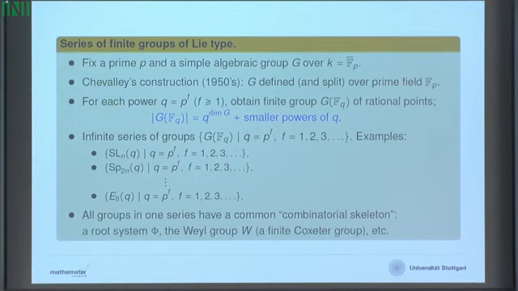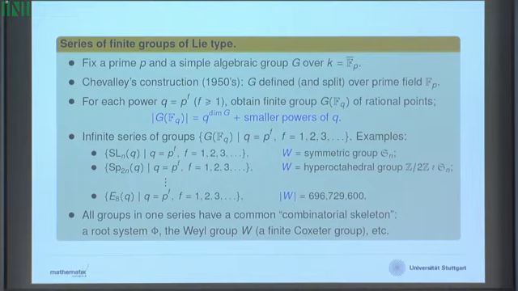There is a Weyl group, there is a root system, which is the same for all groups in this family. So for example, for SL_n(q), you always get the symmetric group S_n, whatever the q is. For the symplectic groups, you always get the hyperoctahedral group. And for E8, you just get the Weyl group of this order, independently of p and q.